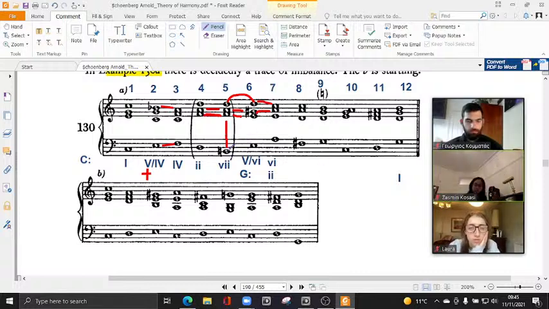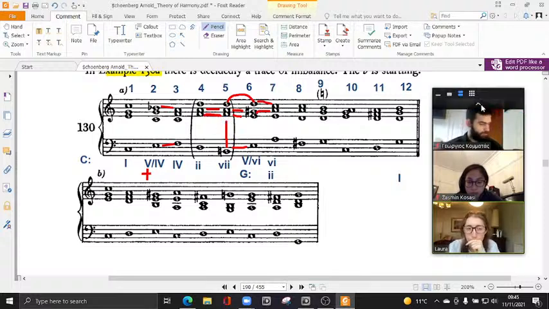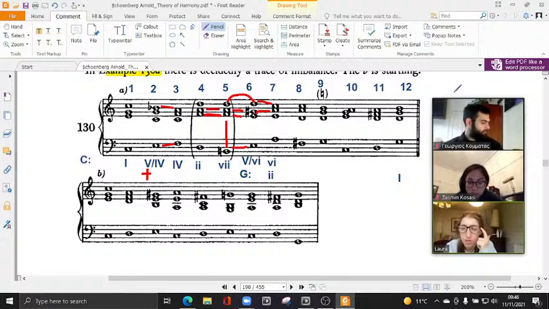Here, B and F. Oh, the B has to leap up a fourth to the E. Yeah, okay, that's correct what you're saying. Yes, up a fourth, fantastic. But we are talking about the preparation of the B and F, which is a diminished fifth. We're talking about the resolution of the seventh.